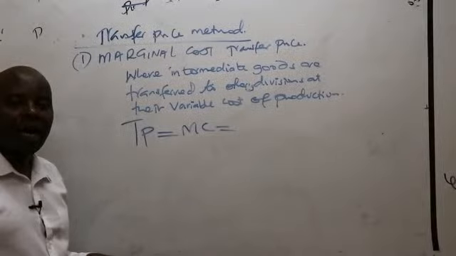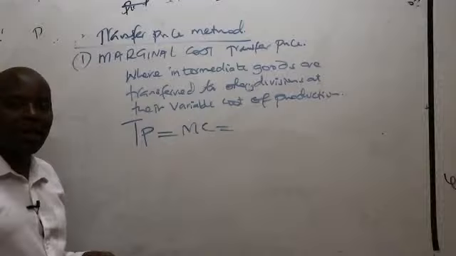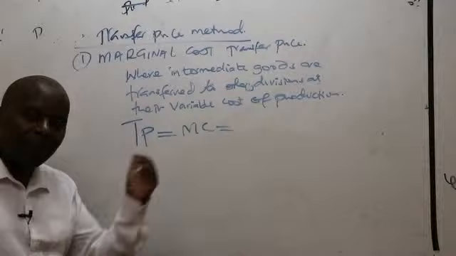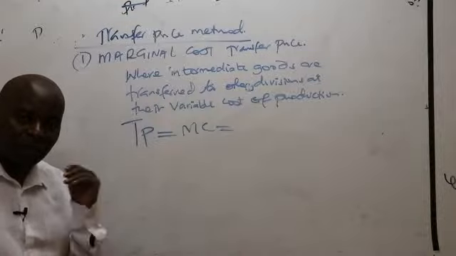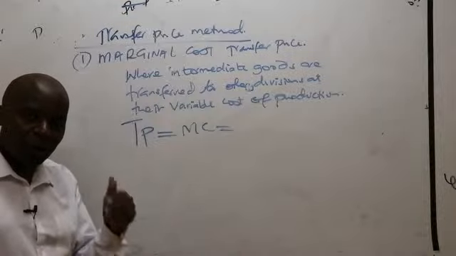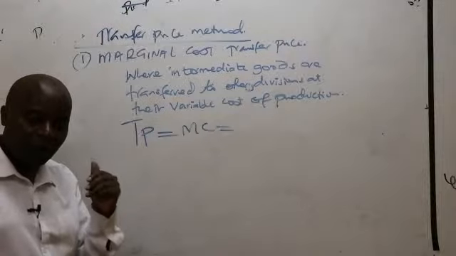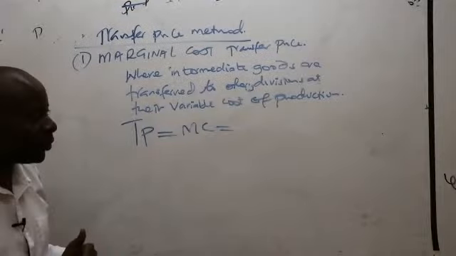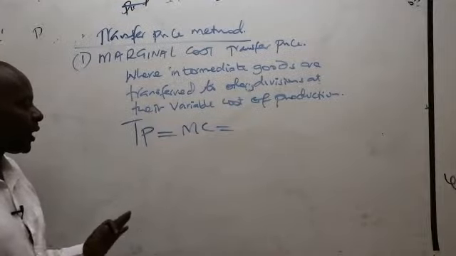So transfer price equals marginal cost. If X was to charge a price that is equivalent to its marginal cost of production, what do you think in this case, ladies and gentlemen, will be the transfer price? What do you think will be the transfer price?